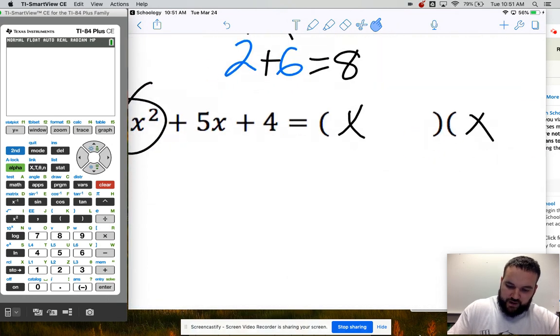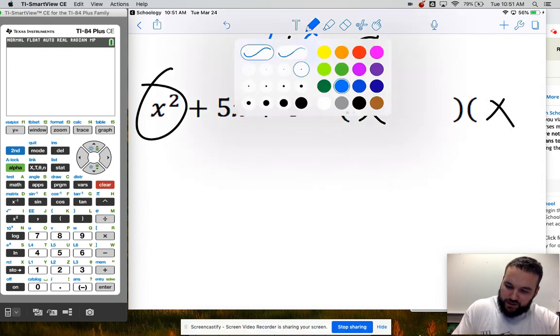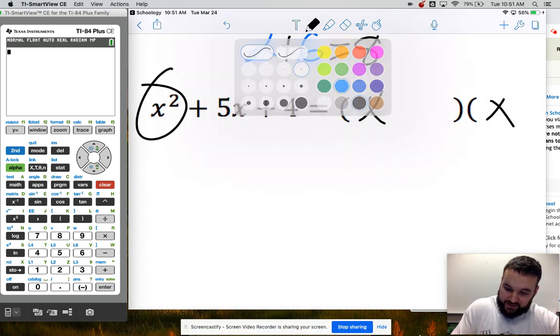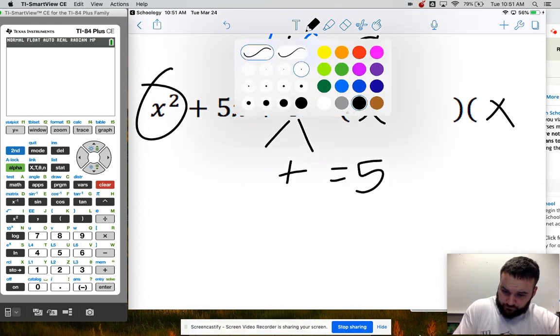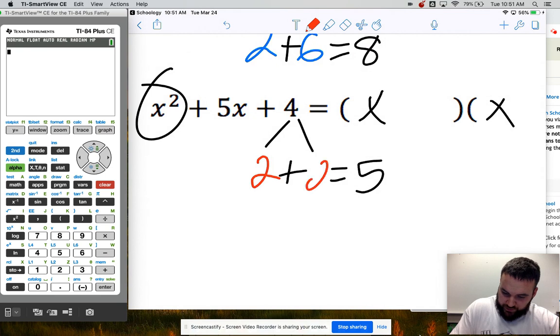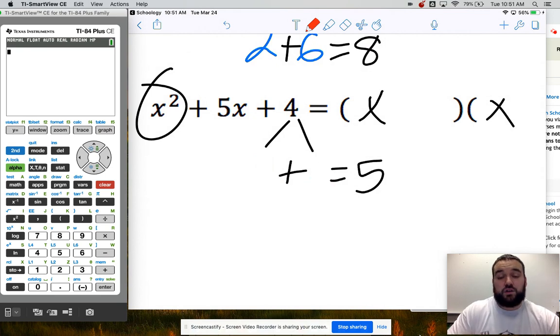Okay, and then finally down here, I need two numbers that multiply to 4, because that's my c value. Remember, it has to multiply to the c value and add up to the b value. What multiplies to 4? First thing that comes to mind for me is 2 and 2. But 2 and 2 do not add up to 5. So we try again. This happens a lot. Do not forget about the number.